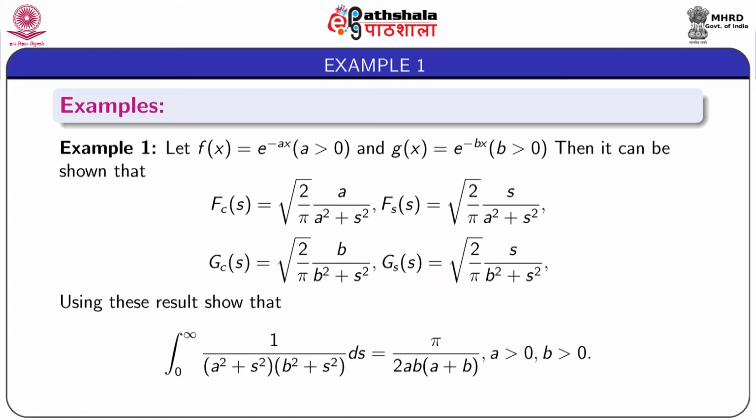Now, using this result, we shall show that integral 0 to infinity ds by (a square plus s square) into (b square plus s square) is equal to pi by 2ab into (a plus b), where a is positive and b is positive.